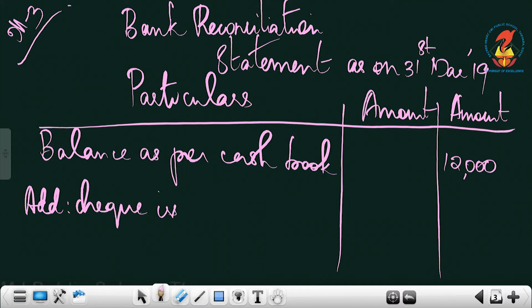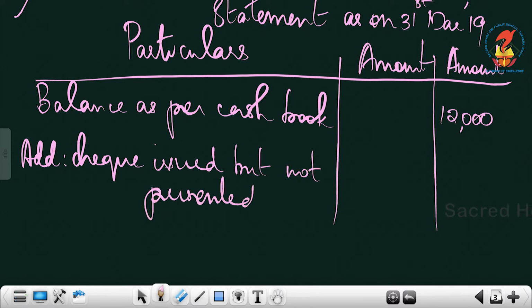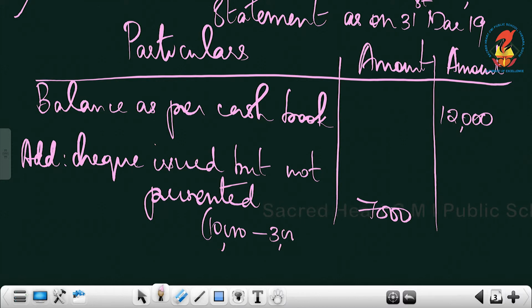When you write the spelling of cheque, be very careful. It is CHEQUE. Don't write CHECK. The meaning is different. Cheques issued but not presented. The amount is 7,000, that is 10,000 minus 3,000.